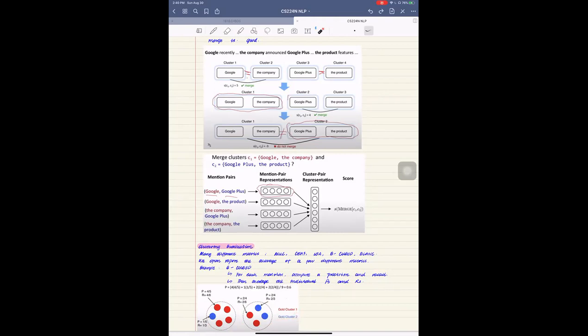So if we look at this point here and try to find the precision, then the precision should be 1, 2, 3, 4 divided by all 5, right? And the recall should be 1, 2, 3, 4 divided by 1, 2, 3, 4, 5, 6, all the potential red points right here, right?